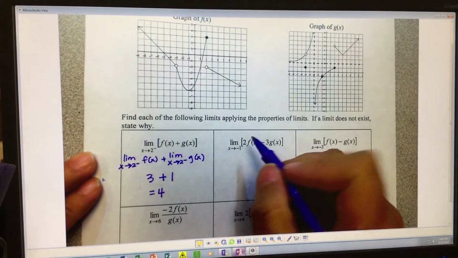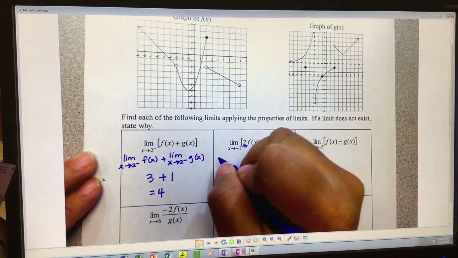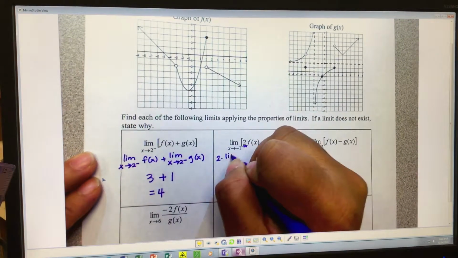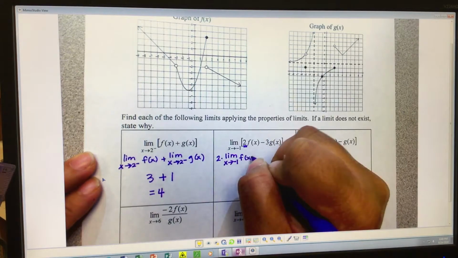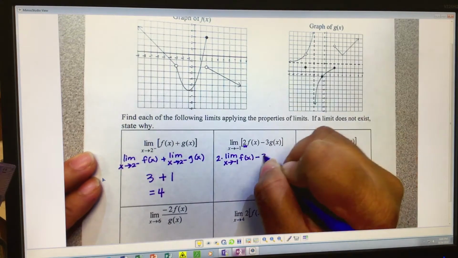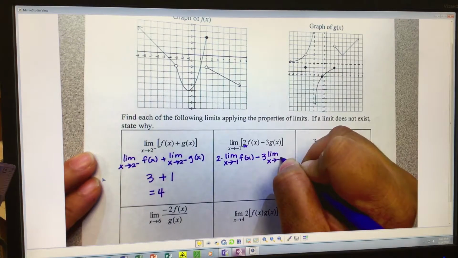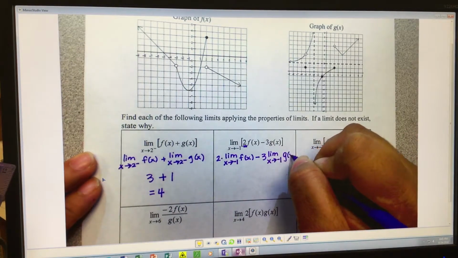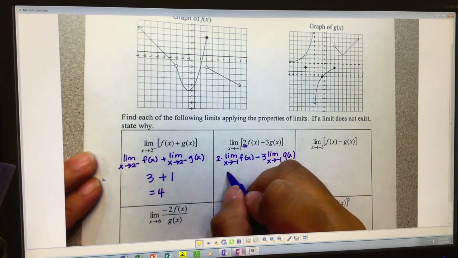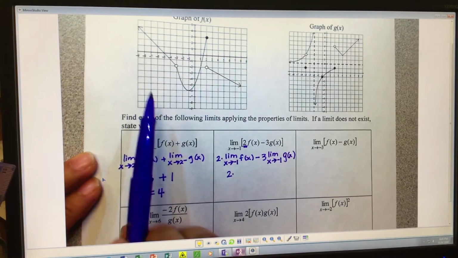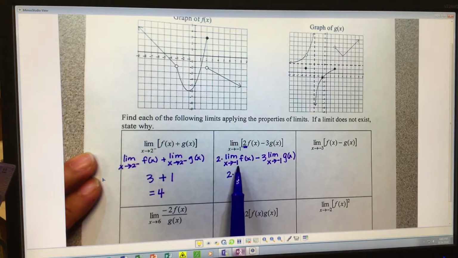Okay, so next one, you have a number here, so we're actually going to take that out. So 2 times the limit as x approaches negative 1 of f of x minus 3 times the limit as x approaches negative 1 of g of x. Again, we're establishing that limit. So 2 times, if we go from negative 1, we need to check both sides.